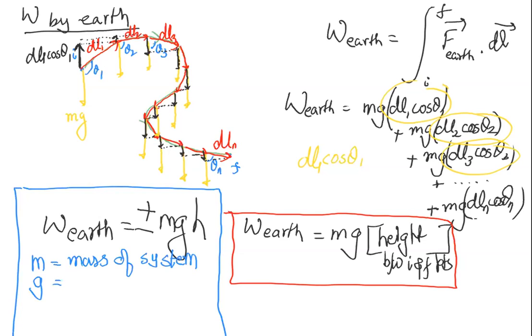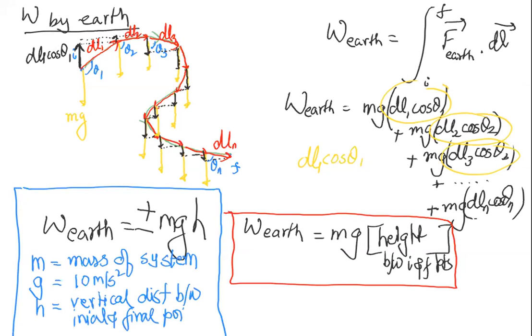हाँ मतलब उल्टा ऊपर जाएंगे तो माइनस हो जाएगा। G is now a constant. H is the vertical distance between initial and final points.